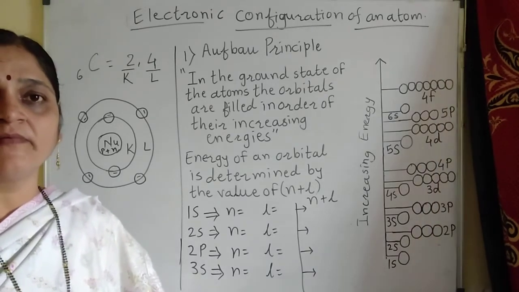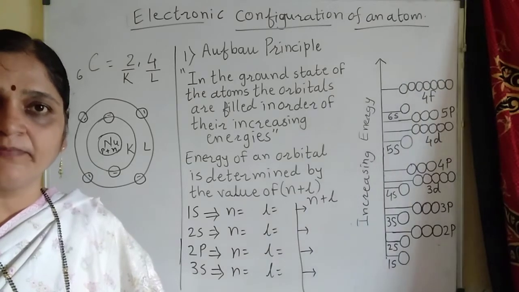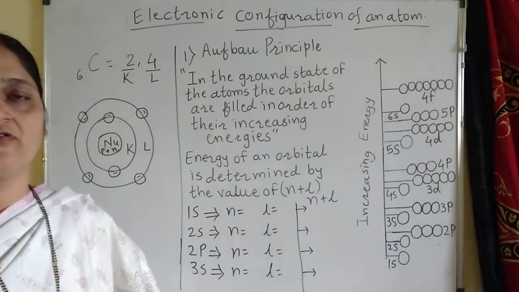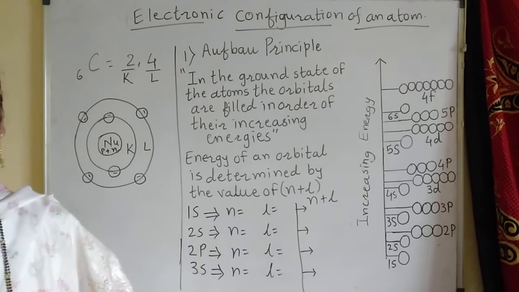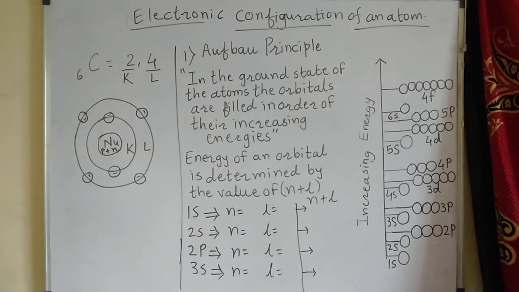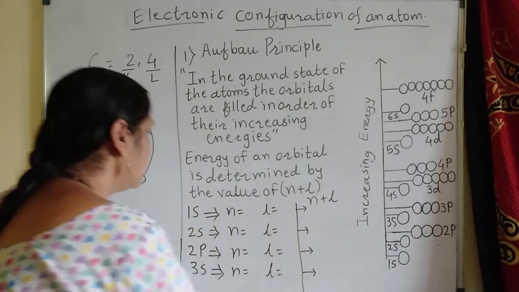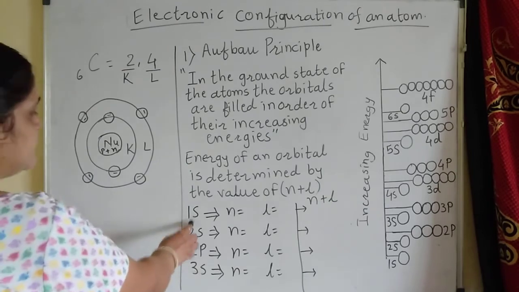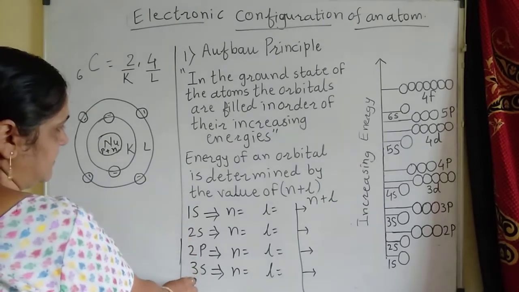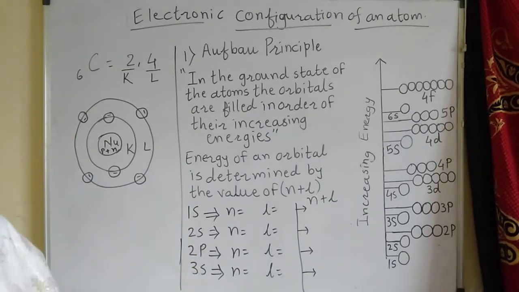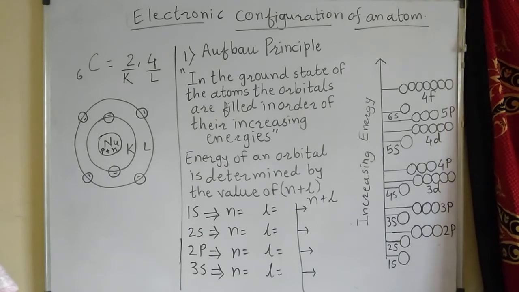The lowest energy orbital is first occupied by the electrons completely, and then the next electron will enter the higher energy orbital. Now here I have taken the example of 4 orbitals: 1s, 2s, 2p and 3s. Already you have discussed quantum numbers, so you are already aware of the values of n and l for a particular orbital.